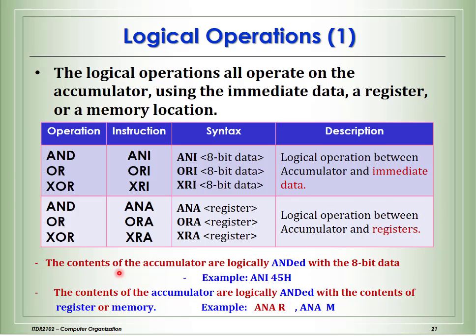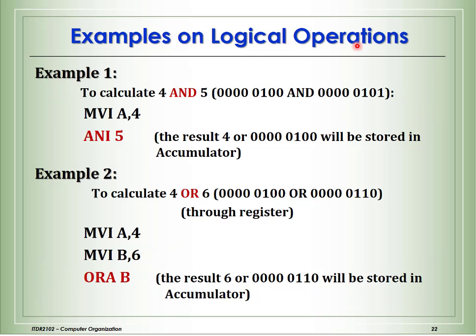Now you can see here the example, ANI 45H. So what does it mean? The contents of the accumulator are logically ANDed with the 8-bit data, and here you can see the contents of the accumulator are logically ANDed with the contents of the register or memory, with this example and this. These are the examples of logical operation.